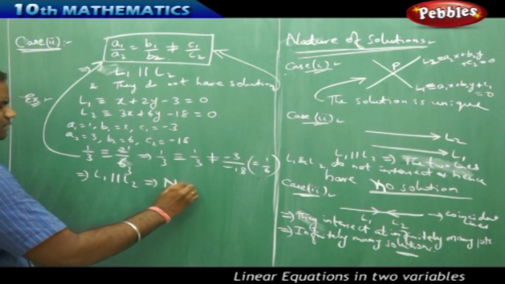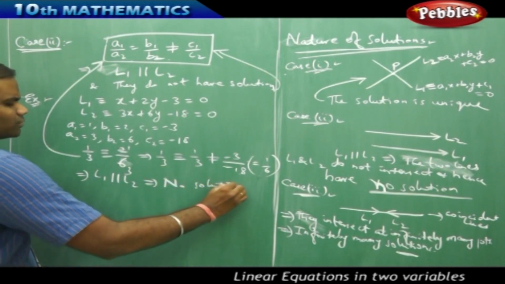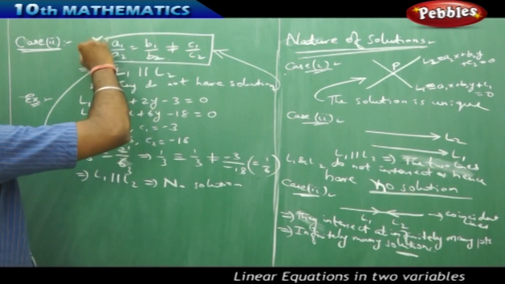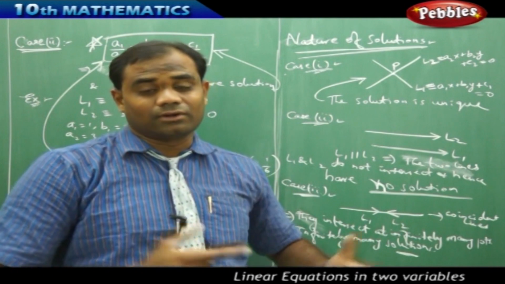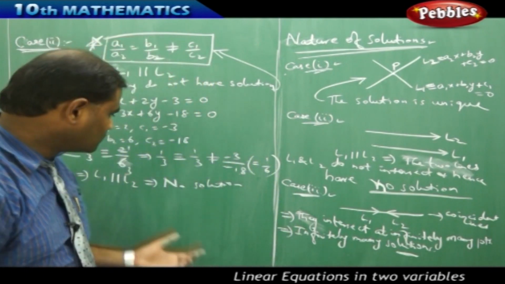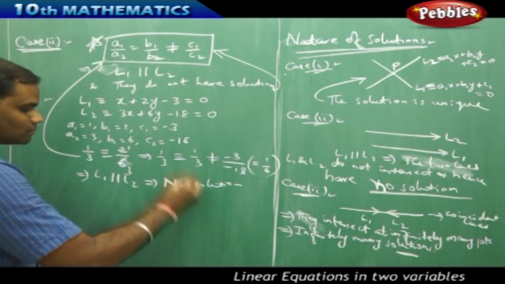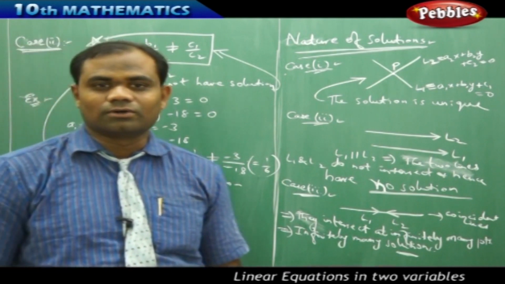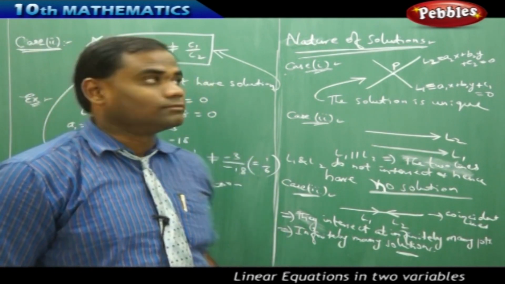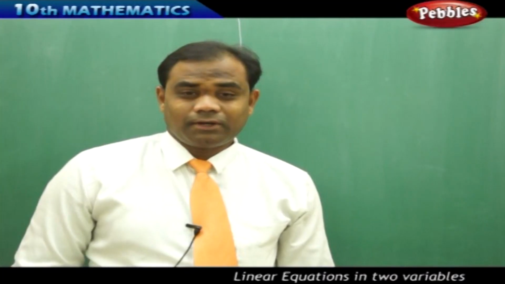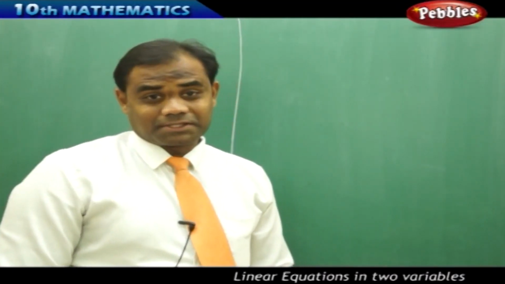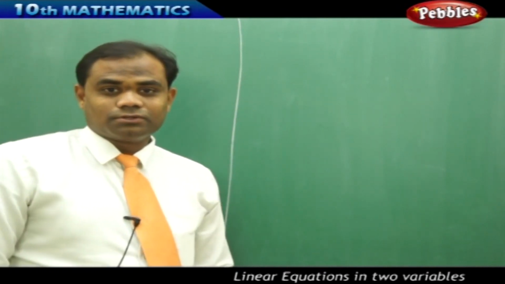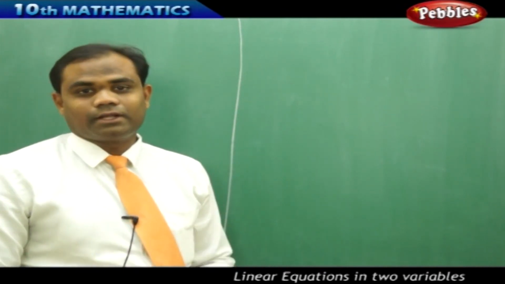That implies no solution. So this decides the factor on identifying whether the two lines have a solution or not. So straight away with this condition, I can say the two lines have no solution because the two lines are parallel. Now coming to case 3, let's see how the nature of solutions exists and the conditions we use for the general lines L1 and L2.